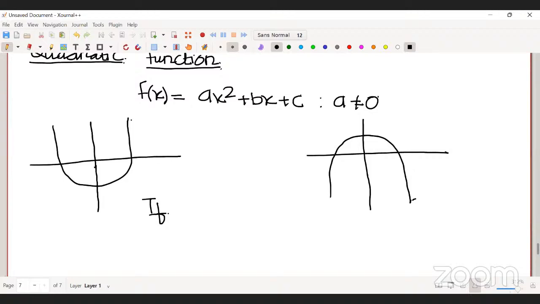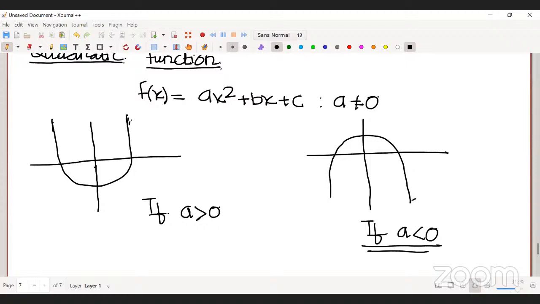So if a is greater than 0, then the parabola opens upward. And if a is less than 0, then the parabola opens downward. One more interesting thing about this parabola is that it has an axis of symmetry.